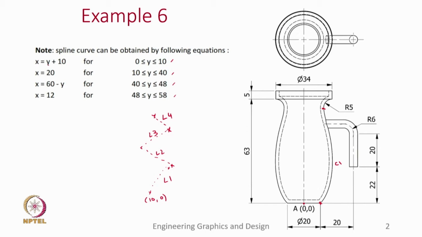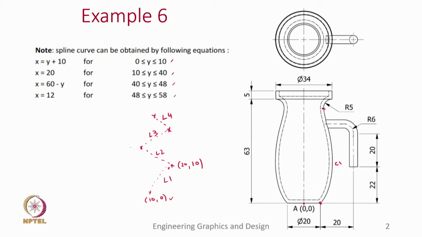When y is equal to 0, x is equal to 10, which is what we got here. When y is equal to 10, what is the x component? It is simply y plus 10, 10 plus 10 is 20. Similarly, we can do that for the other points as well.